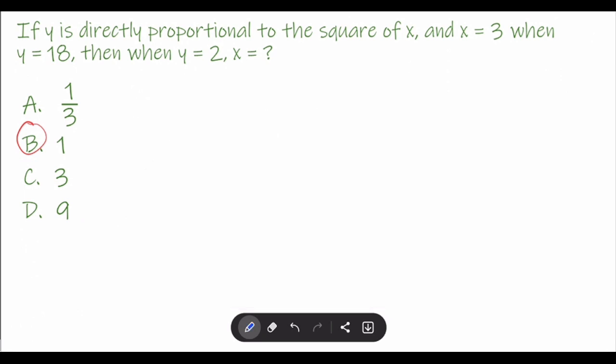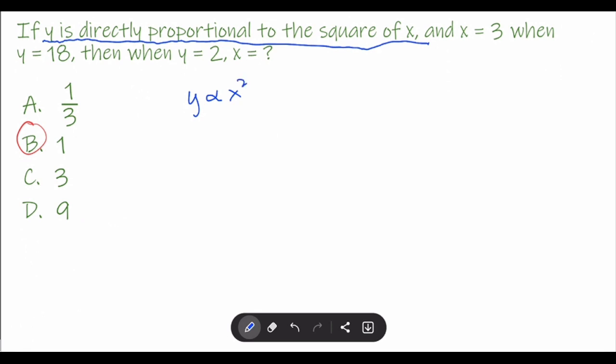Let's have this first statement: y is directly proportional to the square of x. That's how you write the proportion.